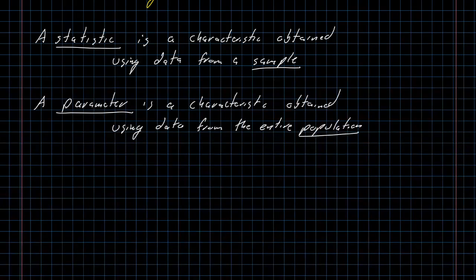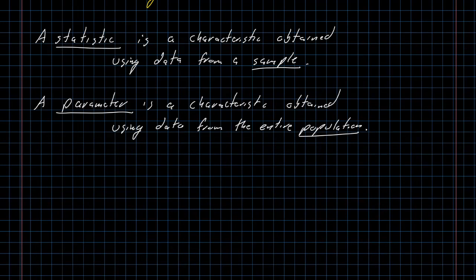We've talked about these ideas previously. A statistic is a characteristic attained using data from a sample, while a parameter is a characteristic which is obtained using data from the entire population.